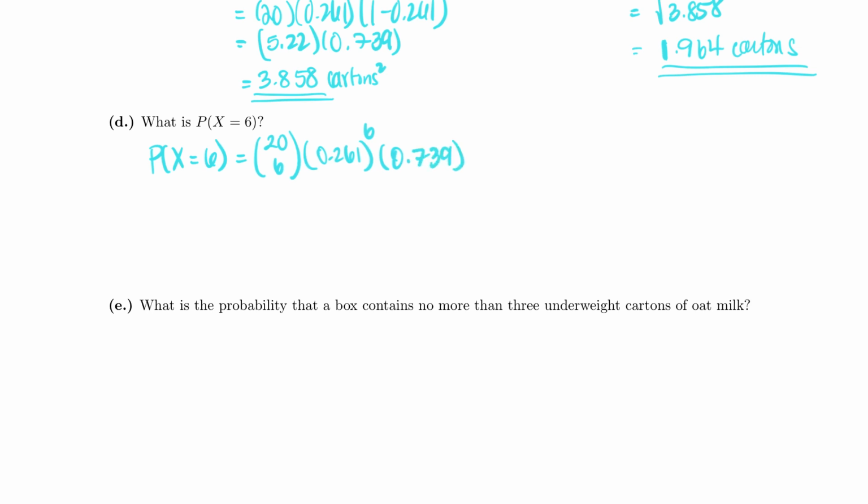Well, 20 minus 6 is 14. So in this case, we end up with a probability of 0.178. And again, you can use your calculator or desmos.com/scientific in order to find that combination at the beginning.